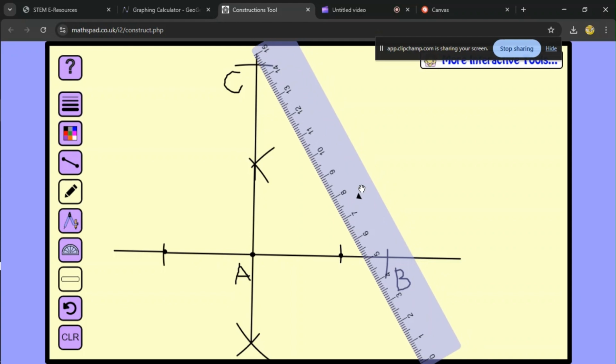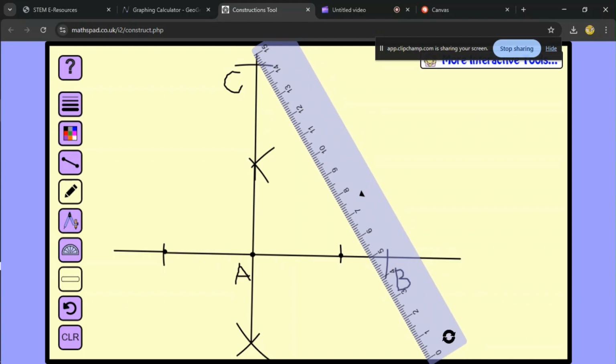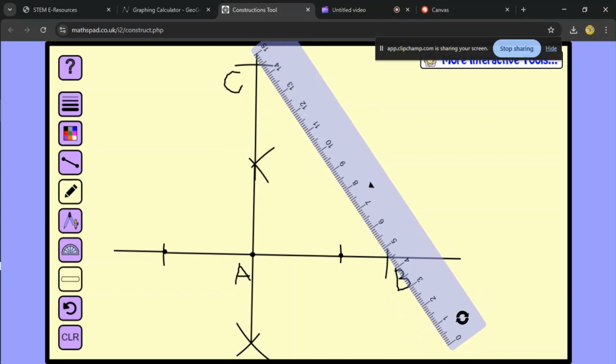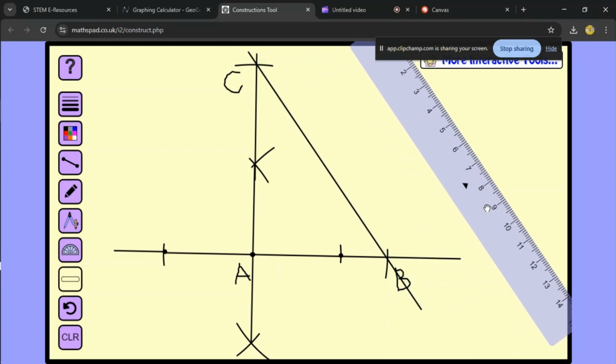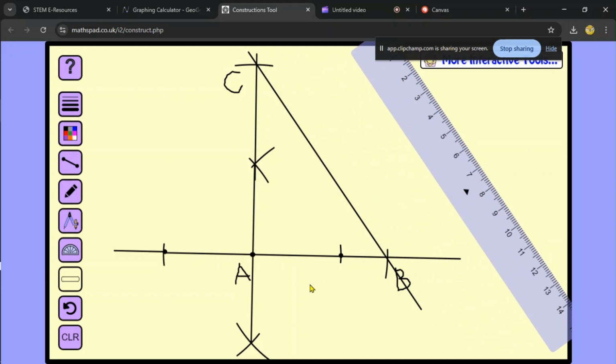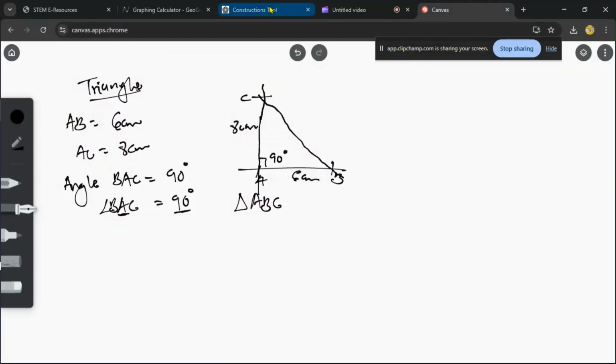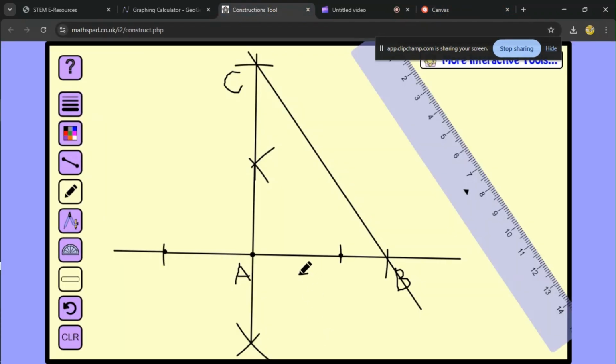I join with that, exactly that particular point, and I draw a straight line like that. So you can see now that we measured this one, was it 8? Let me confirm. This was 6. So 6 centimeters.